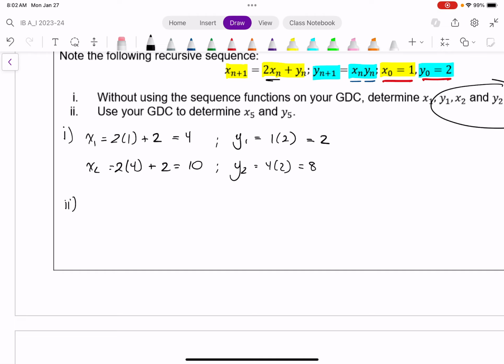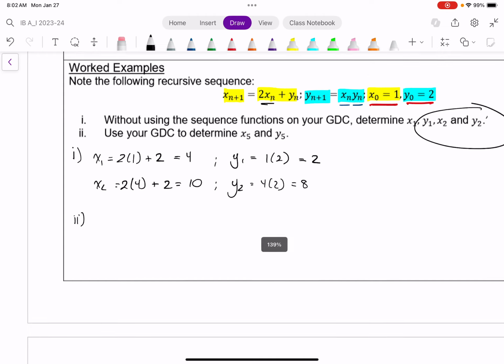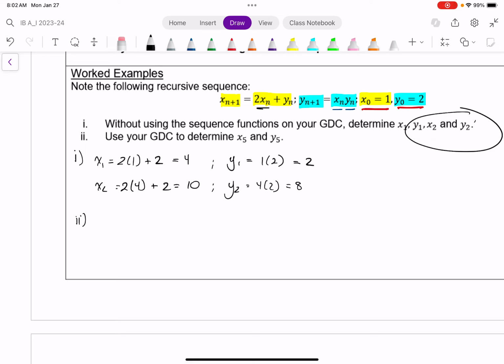And so for part 2, this is where you have to learn on your own how to use the sequence features on your GDC. For example, on the TI-84, you have to change in your mode settings from graphing to sequence settings, and in your y equals button, instead of typing in an equation to graph, you type in sequences.